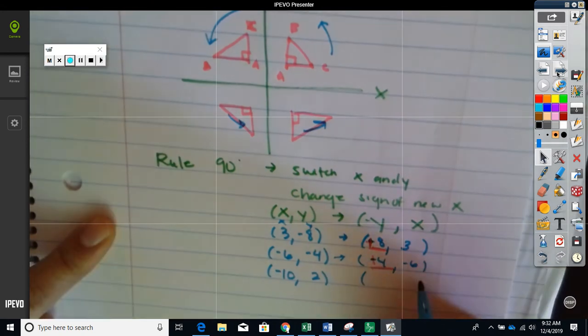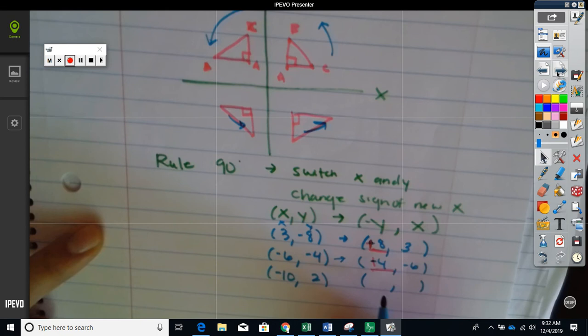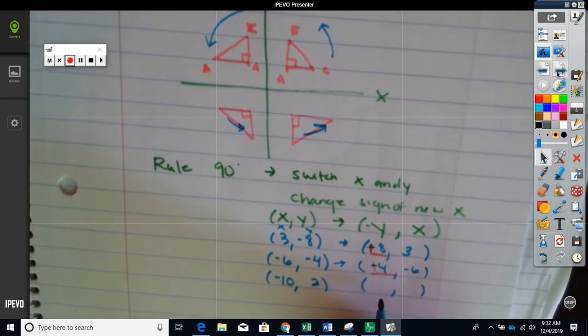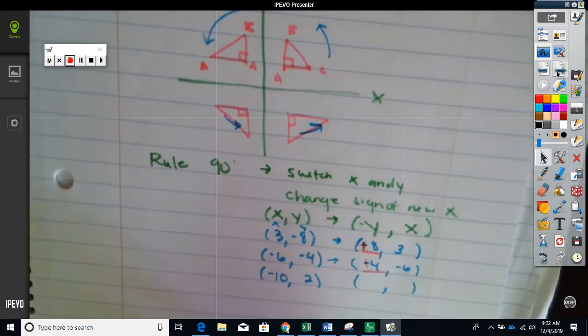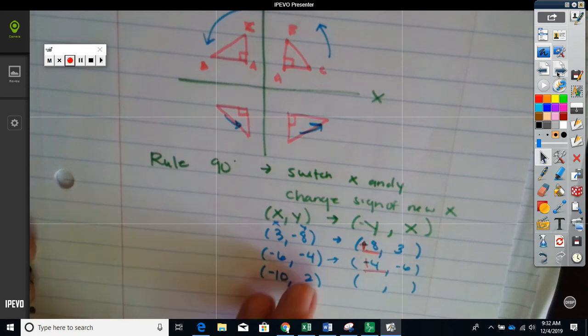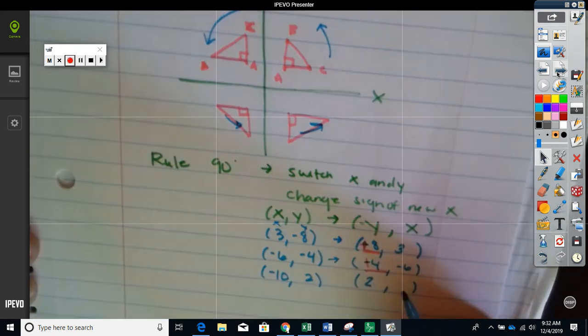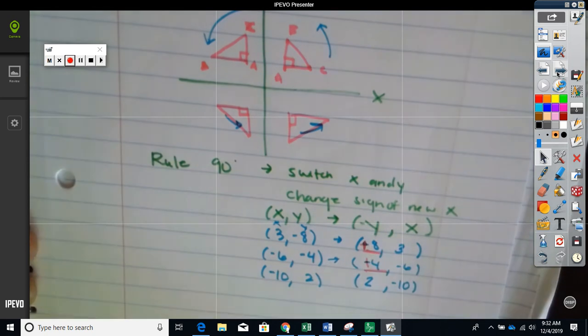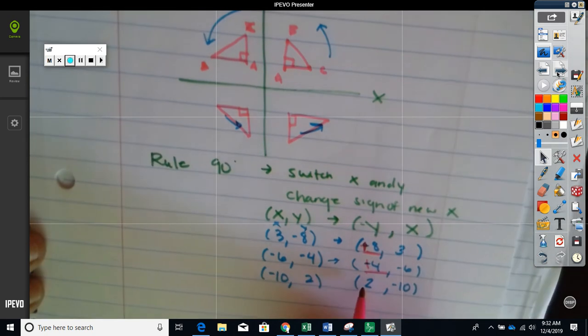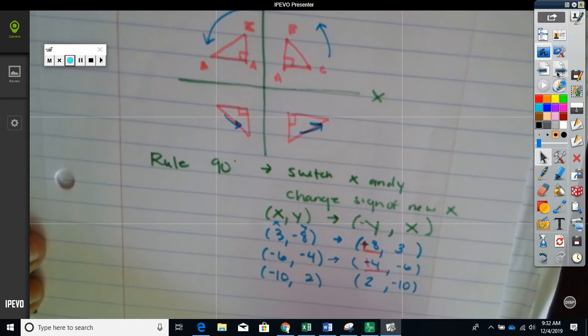So if I call on someone, could somebody answer? So what would be the first number, Kashindi, on this one, if I have to switch them? And then the other number, Victor? And then what do I have to change, Gregorio? The x or the y?